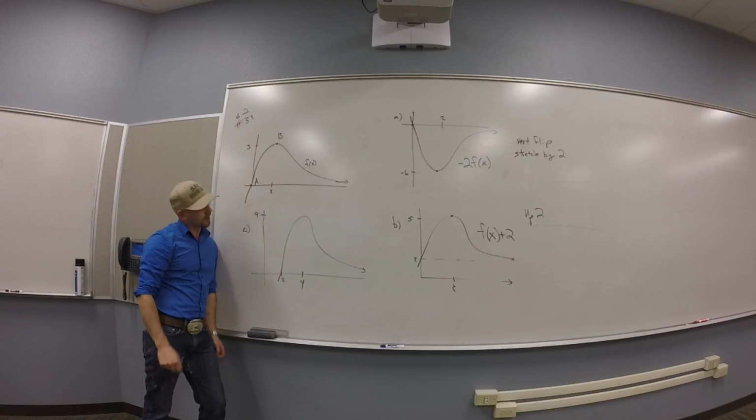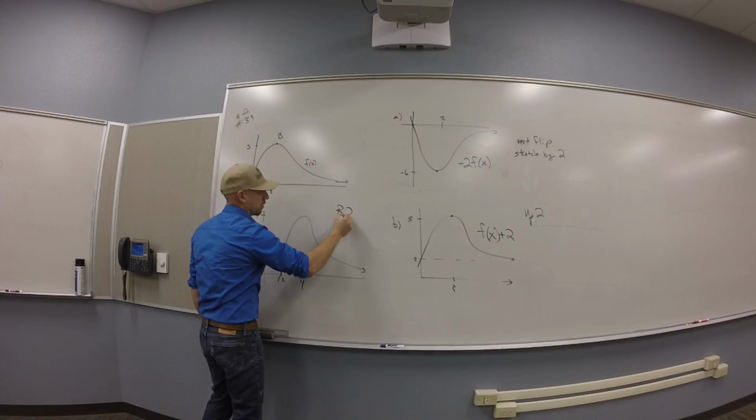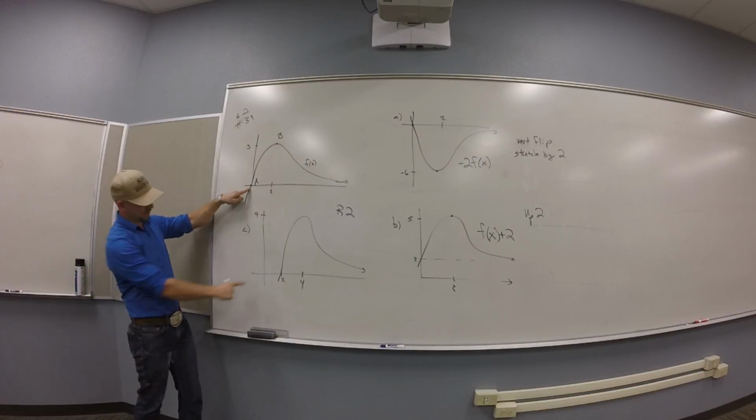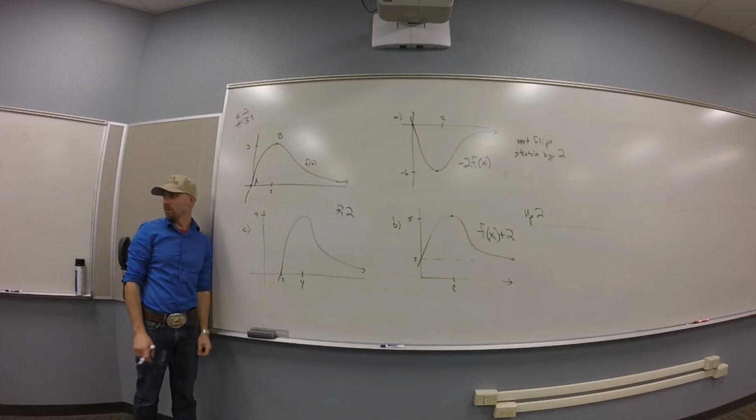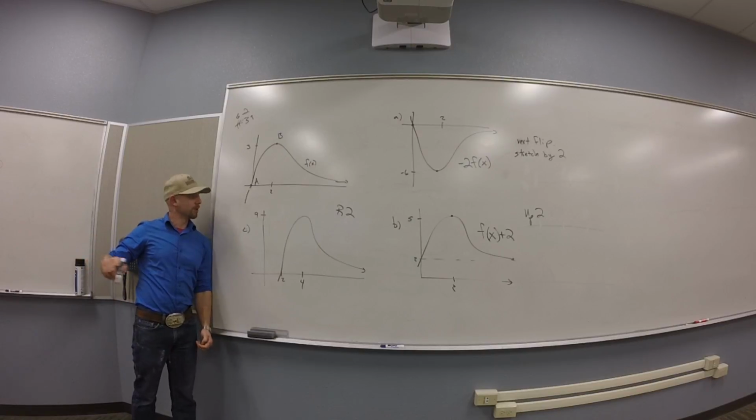All right, how about this other guy? What happened here? It shifted to the right by 2. Okay, this went right 2 units. My origin spot seems to have gotten moved to 2. So f of x minus 2. It also got stretched a little bit. Oh, I see.